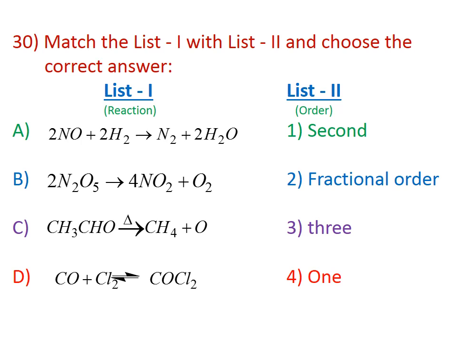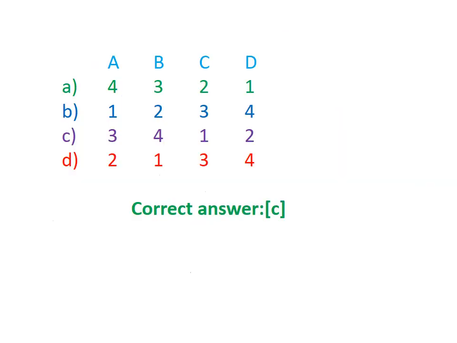CH3CHO gives CH4 plus CO, it is a second order. CO plus Cl2 reversible arrow COCl2, it is a fractional order. The correct option is C: 3 4 1 2. This is the correct answer for this question.